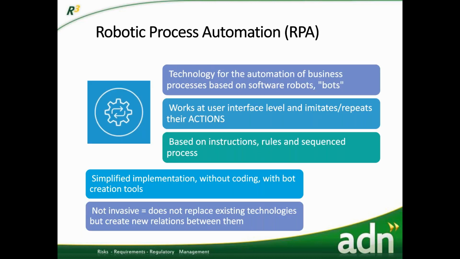One solution to manage those repetitive tasks is to use a technology called robotic process automation. It's a technology based on software robots called bots, and it allows tasks to be automated. It works at the user interface level and imitates and repeats the actions of some workers. It's based on instructions and rules.